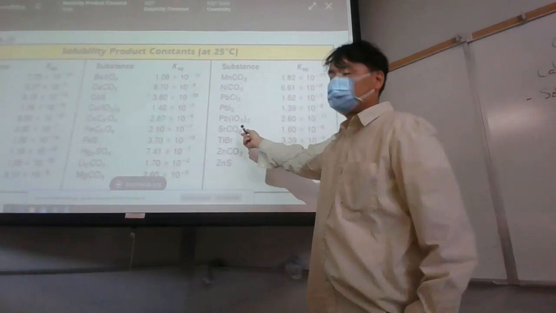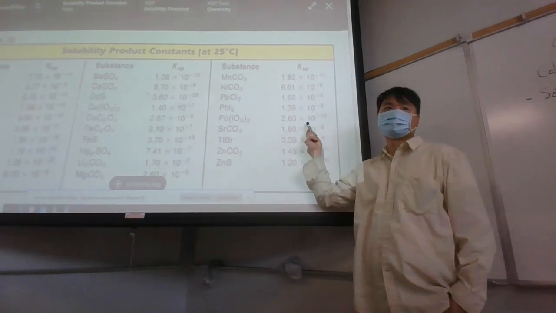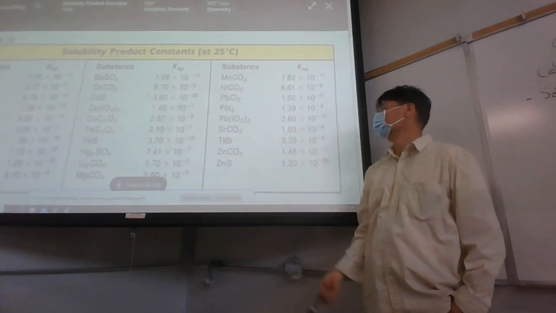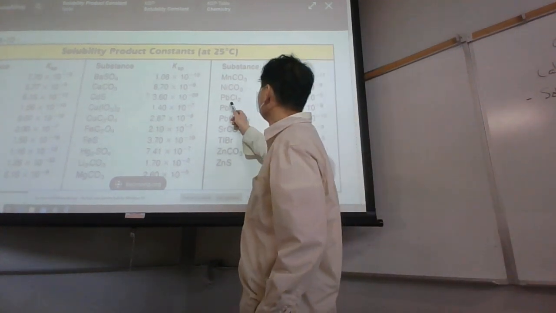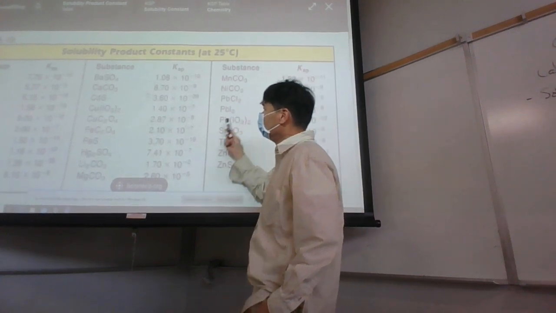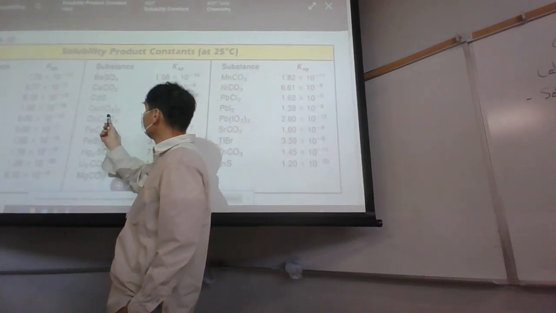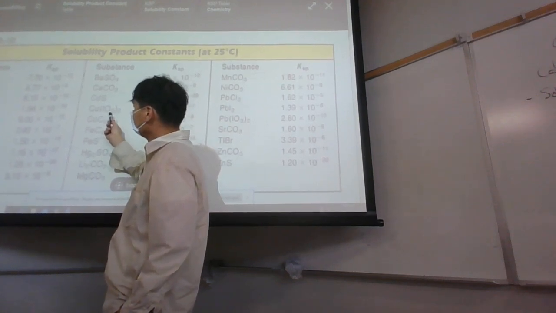The solubility of lead 2 iodate is going to be the KSP divided by 4, and then take this cube root, and then we get the molar solubility of that. What other patterns? Lead 2 chloride, lead 2 iodide, same. Copper 2 iodate. Those iodates aren't very soluble.